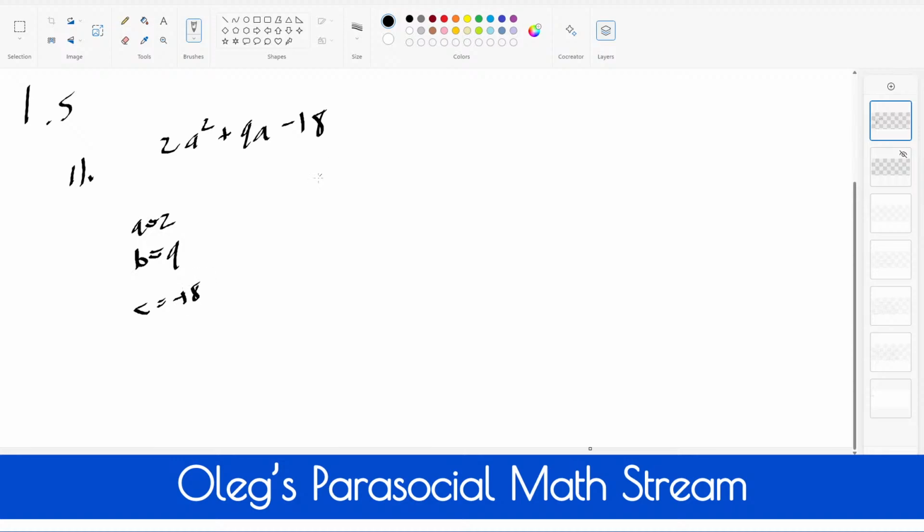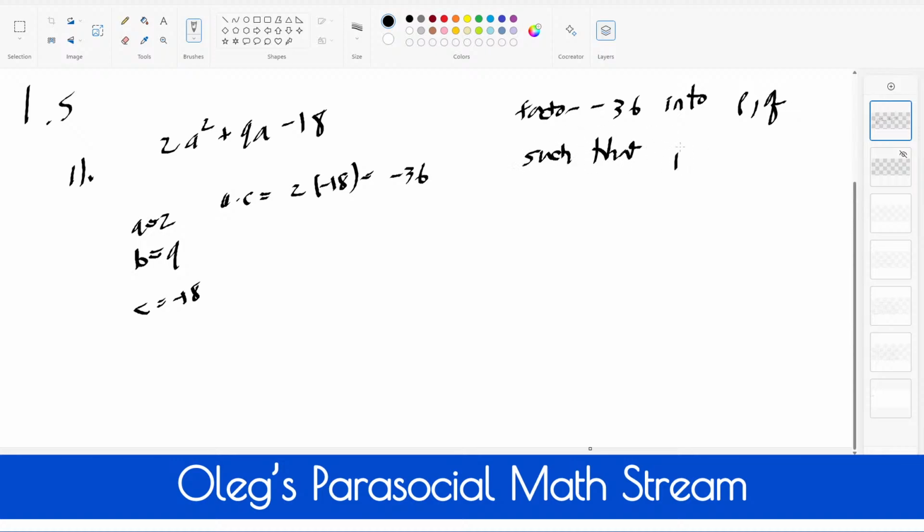What is a times C? 2 times negative 18 is equal to negative 36. That's a times C. And now we want to factor negative 36 into P and Q, such that P plus Q is equal to B, which is 9.